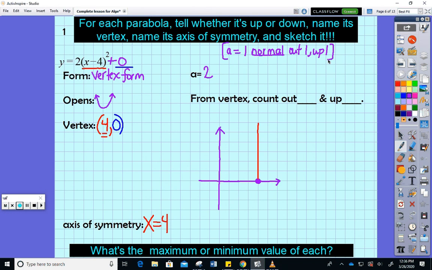So on this parabola, I would count out 1, and I have to double the up count. So I have to double 1 and say up 2, because I know that this parabola is supposed to be a little bit tall and skinny. It won't be as tall and skinny as if the A were like 5 or if the A were 10. Those would be super tall and skinny. So I'm going to simply go out 1, up 2, out 1, up 2. You all know my computer does some weird stuff.